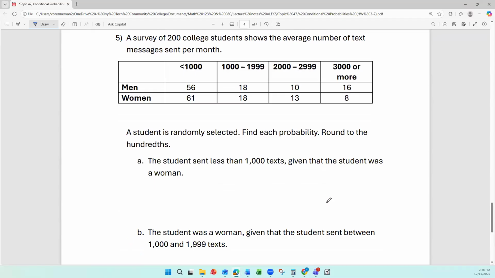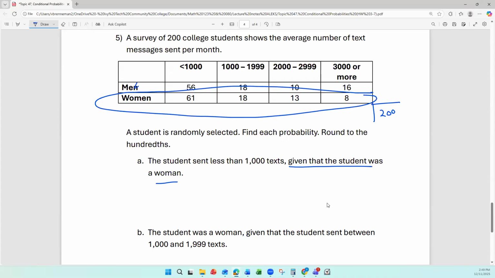Then we have this table of values here, 200 college students for the overall total. So randomly selecting a student, probability that the student sent less than 1,000 texts given that the student was a woman means we're just going to look at the woman row, not look at the men at all.